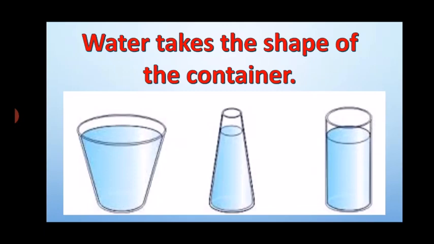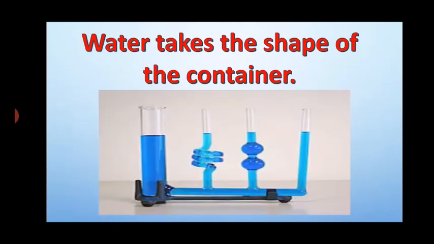Now look, this is one more very interesting image for water. It takes the shape of the container. The first one is like a straight cylinder, so the water is also like a straight cylinder. The next one is twisted like a spring, so the water has also become like the spring.